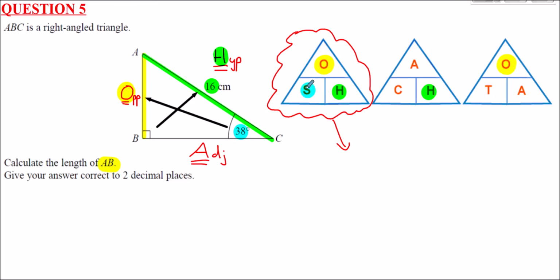Because we want to know the opposite, we can cover up the opposite here and just see what's left. You can just see you've got S and H left together right next to each other. So O equals S times H.